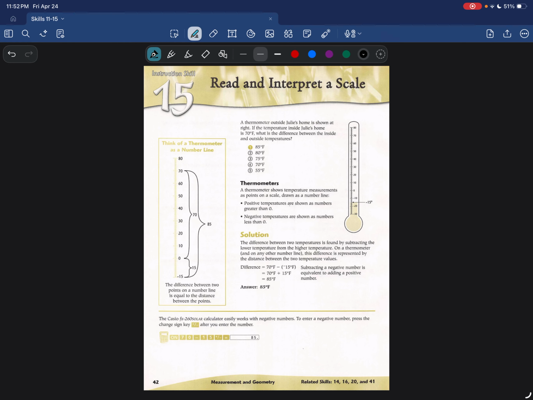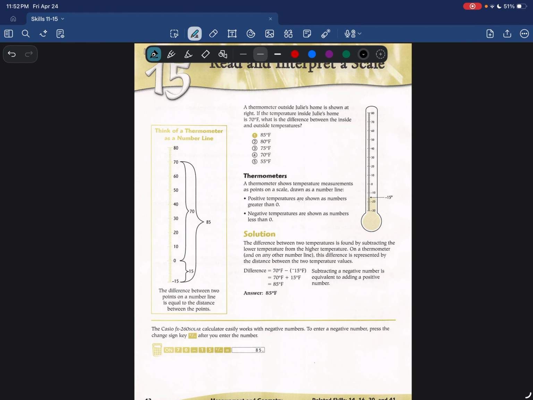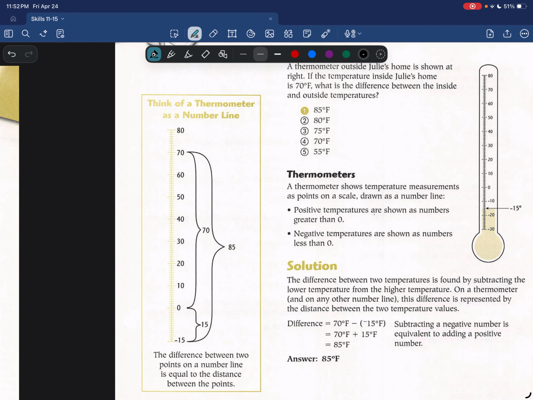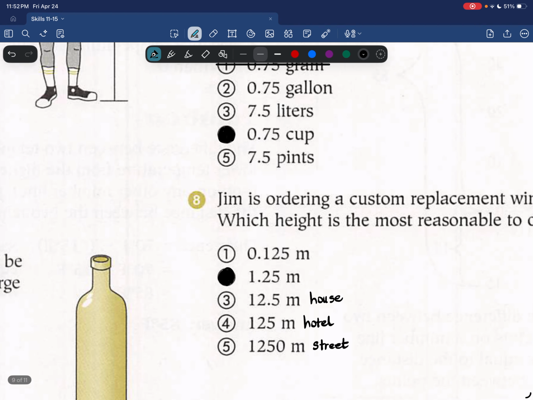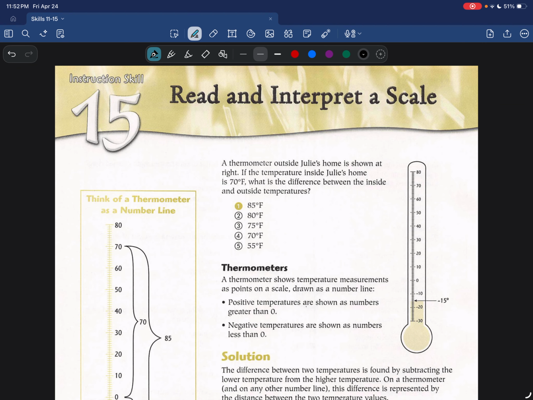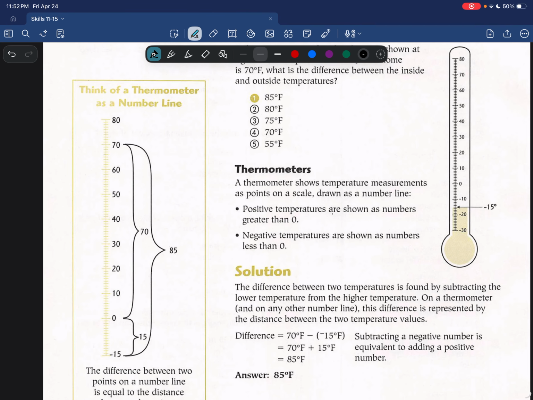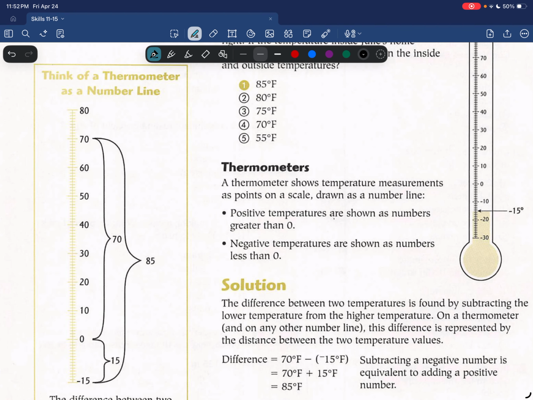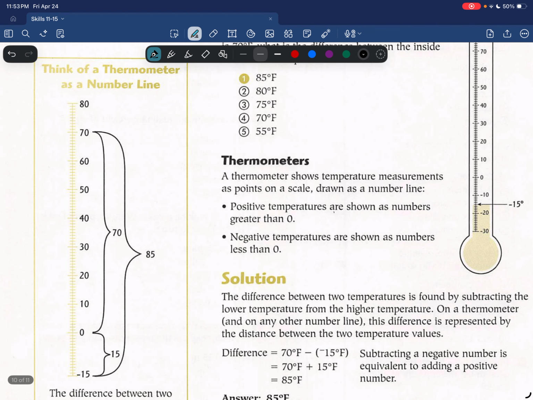Instruction skill 15 is about reading and interpreting a scale. Before we touch the scenario, let's take a look at this piece about a thermometer. Think of a thermometer as a number line.